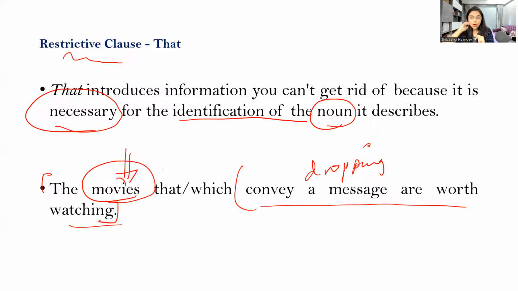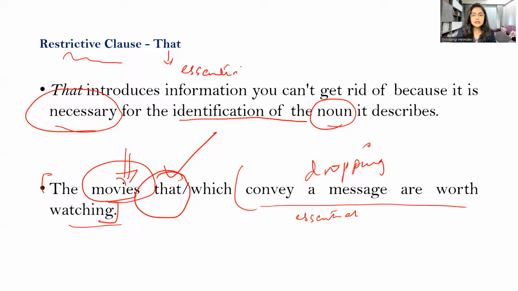Because I have this entire information which is essential for the sentence to stand alone, I will make use of that over here. Let me just simplify this: use that to introduce all essential information. If that information is necessary for your sentence to exist, please make use of that.